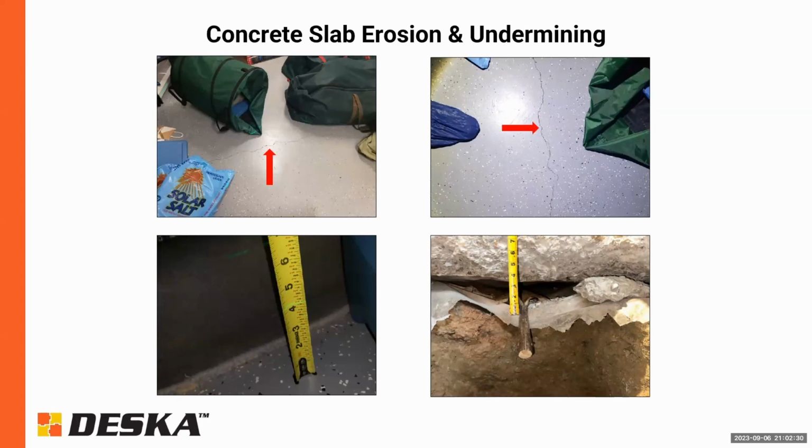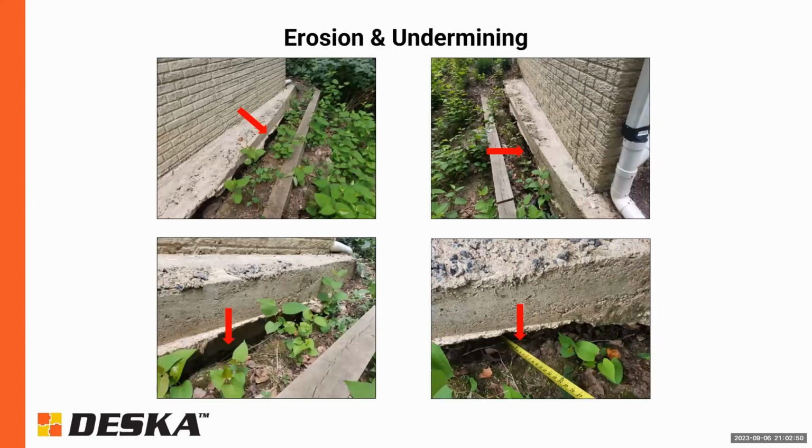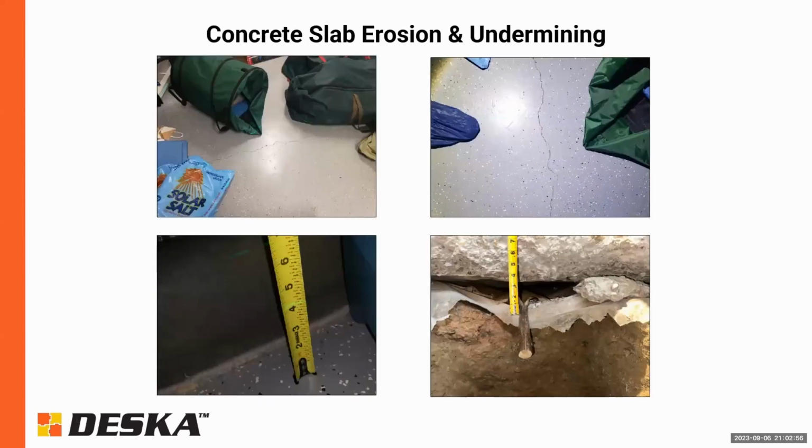In this particular case, the slab is not structural, but when we put a laser level on that slab, we actually found that it was sloping about 2 inches towards that same eroded area. And then there turned out to be a void below that slab as well. So not only has the soil eroded from the bottom of the footing, the support footing here, but it's also causing issues inside as well.